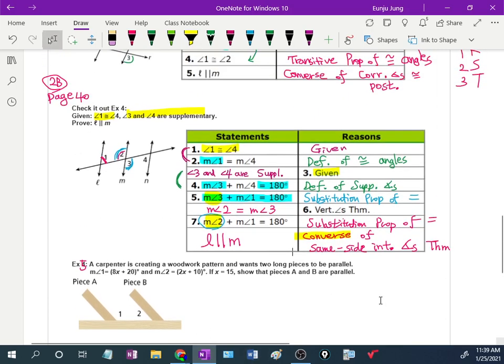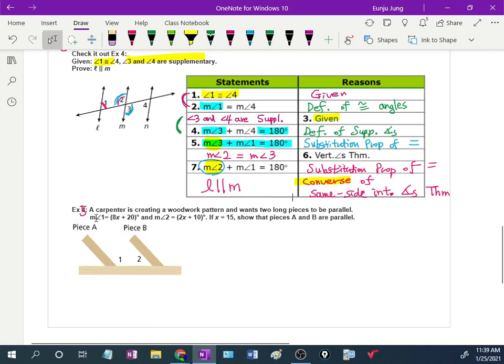Okay, next one. Question number 5, example 5. A carpenter is creating this pattern and showing that two pieces are parallel. To do that, I must use angle 1 and 2. Angle 1 and angle 2, what's the name of these two angles? Same side interior angles, right?